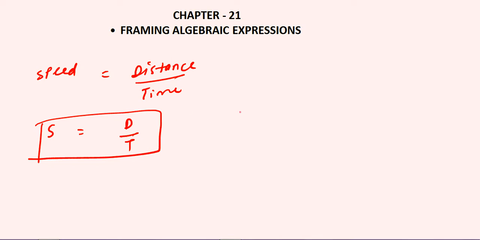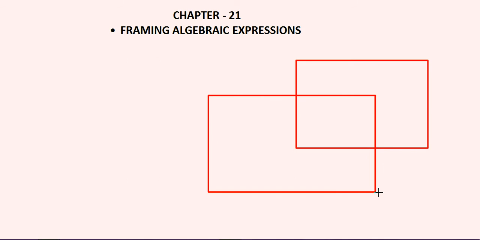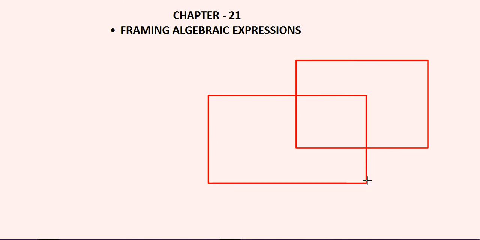Then now what about a cuboid? So first thing, what is a cuboid? A cuboid is made up of rectangles, in which you have length, breadth and height.